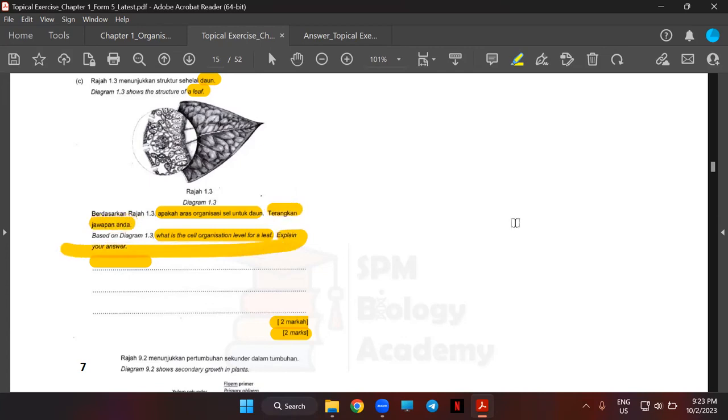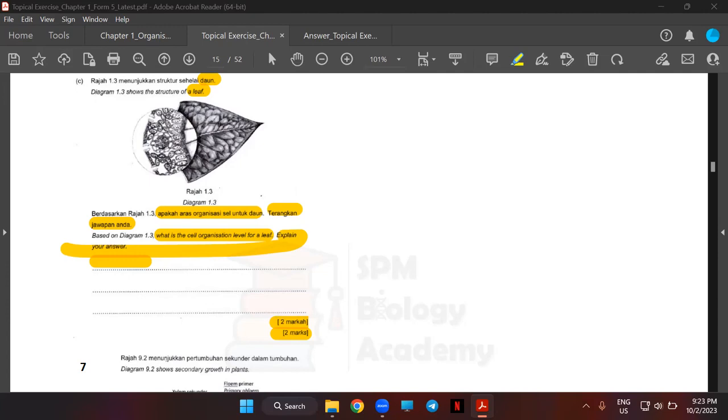Terangkan jawapan anda. Kenapa you kata dia organ? Ya, betul Tio. Because merupakan gabungan. Consists of a combination of... Tio, something is lacking in your answer. Ada satu perkataan tak ada dalam jawapan you. You know what is that, Kishan? Kishan is telling me something.